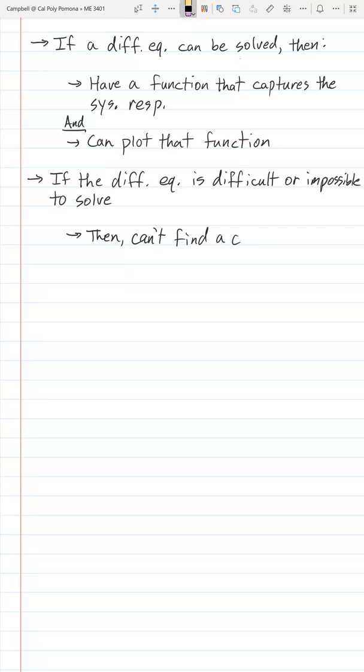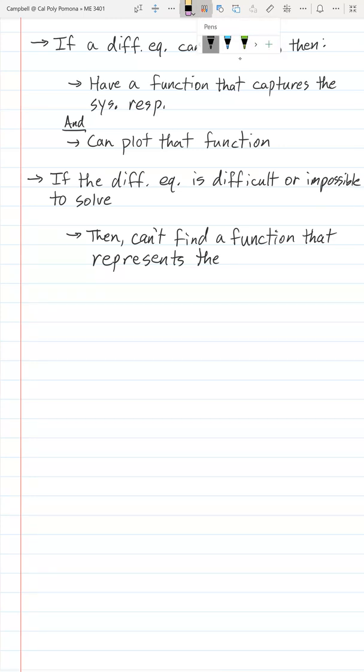Now let's just say function, because that implies closed form, that represents the system response. Let's just say response. I think you know it's system.